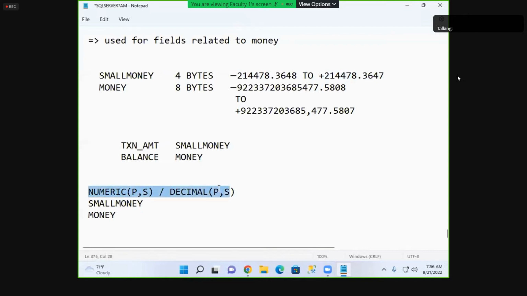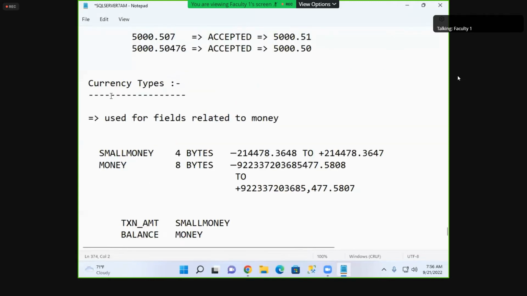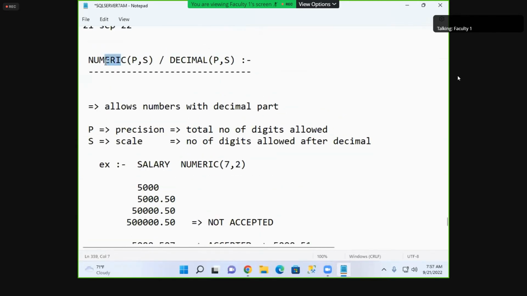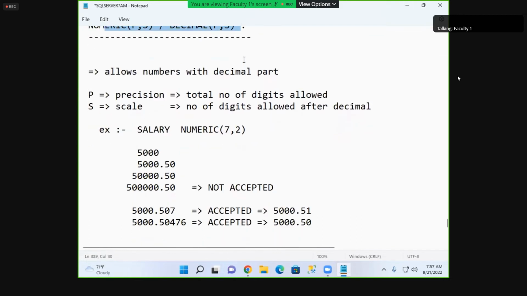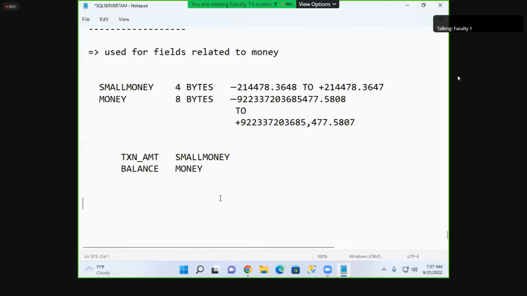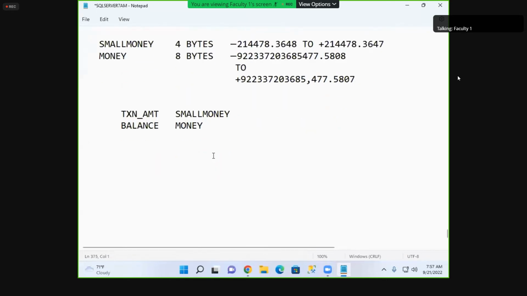So SQL Server says, if a field is related to currency, use the currency types. If it is not related to currency, use numeric or decimal(P,S). Understood?